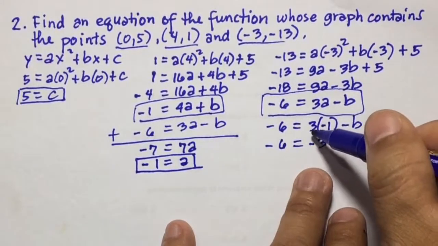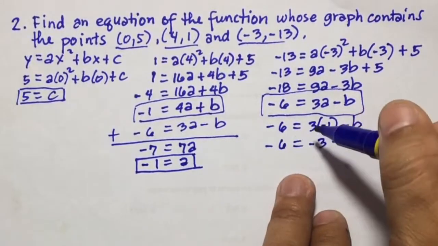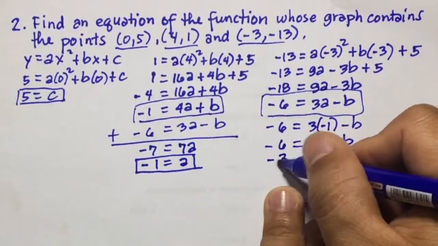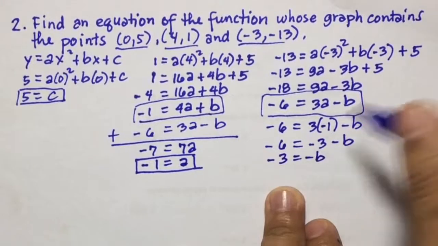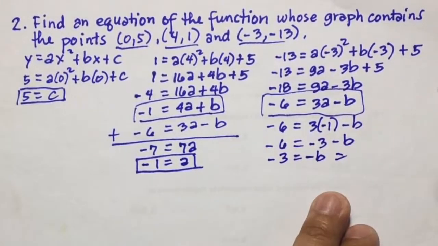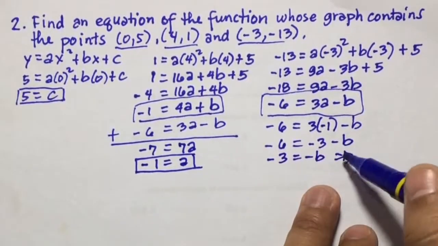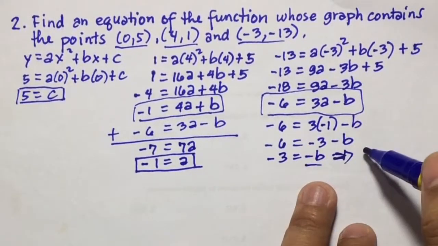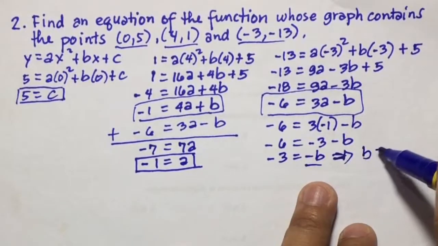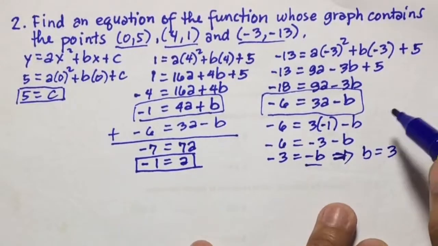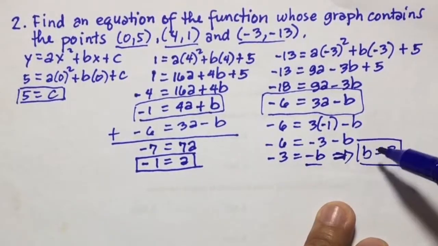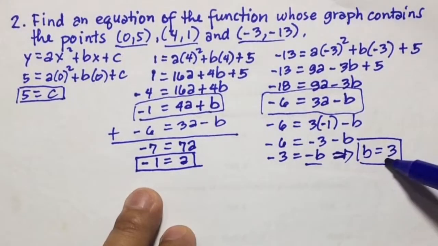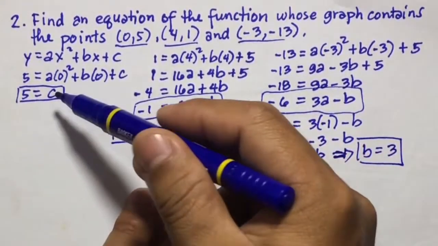Then transposing, the value will be plus 3, so negative 6 plus 3 is negative 3, equals negative b. Then negative b equals negative 3, making this one positive, so b equals 3. So we have values of a equals negative 1, b equals 3, and c equals 5.